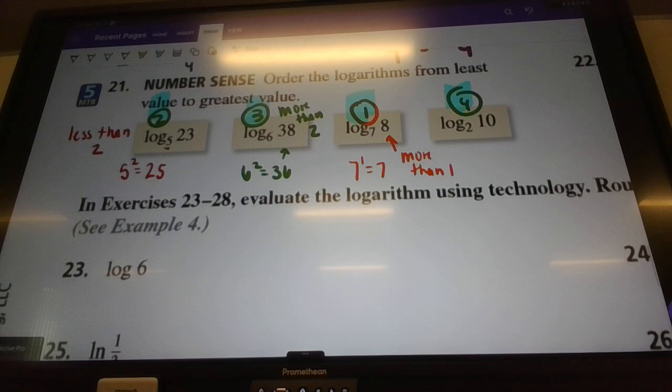All right, Shane, so what are we going to do with the last one? 2 to what power would get us close to 10? Yes, 2 to the third is 8. So I don't know what this answer is, but I know it's more than 3. So you can make estimates with your understandings of powers.